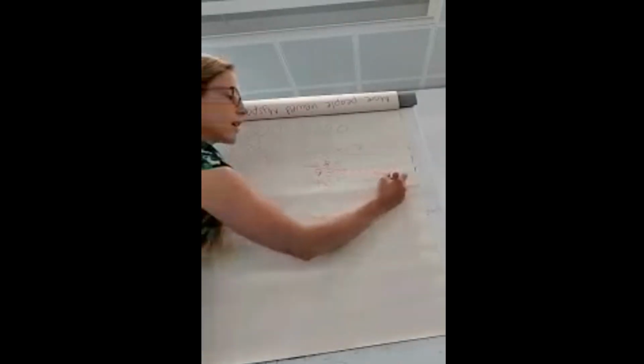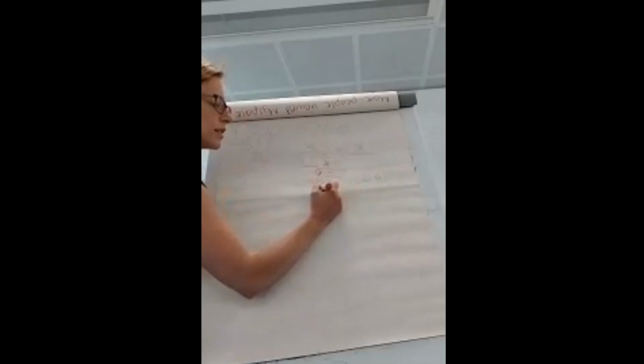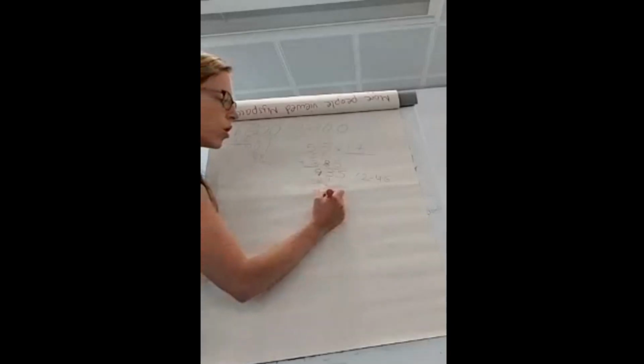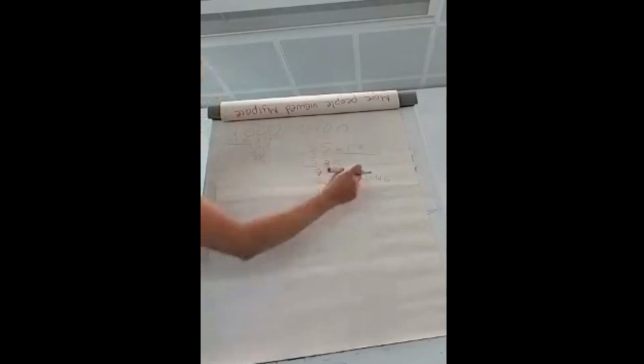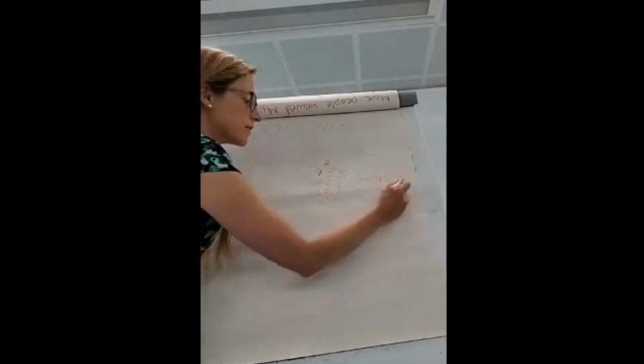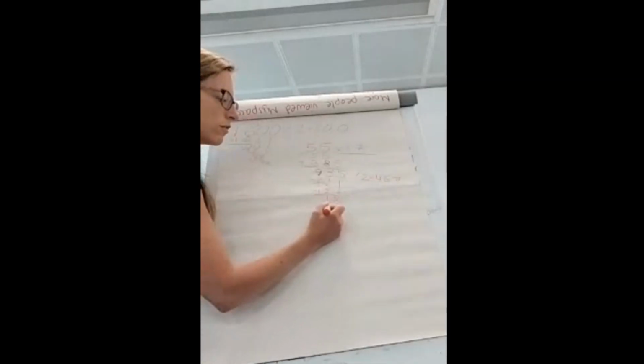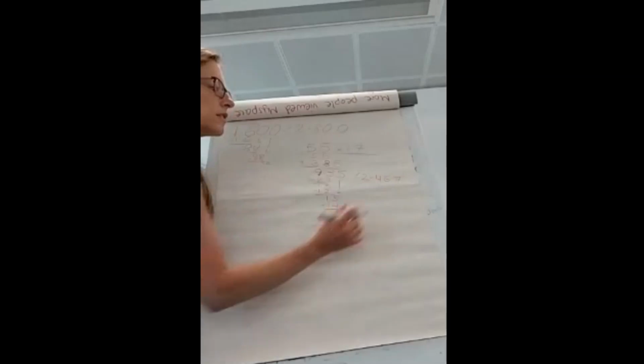The 3 falls down. 2 in 13, 6 times. 6 times 2 is 12. 13 minus 12 is 1. 15, Hannah, 2 in 15, 7, 14, yeah, remaining 1.